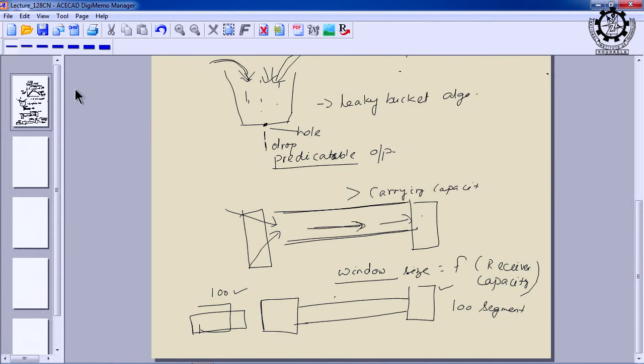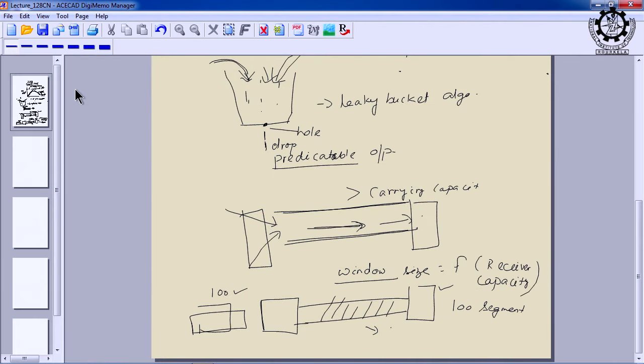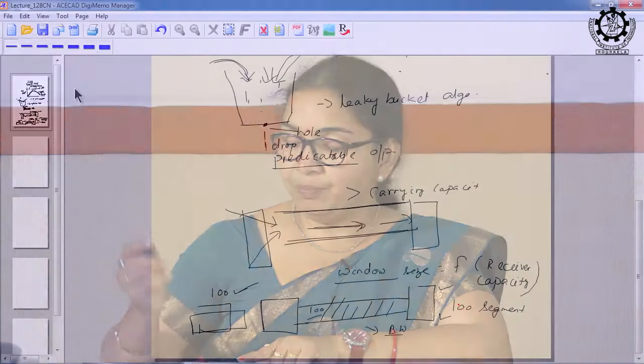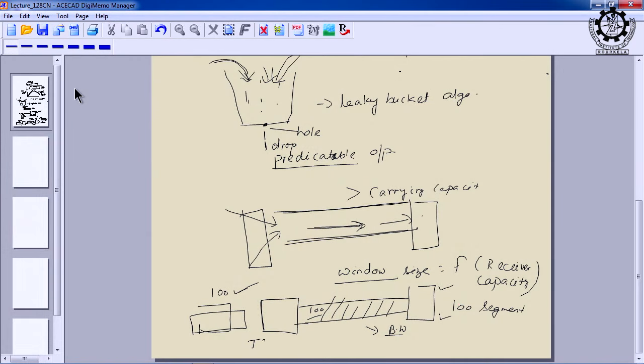We are forgetting one part in the communication, which is the channel or the network. The network too has a bandwidth. If this bandwidth is not sufficient to handle these 100 segments at a time, and if the sender sends all the 100 segments, completing the window size, what will happen? These 100 will never reach the receiver, and there will again be packet loss. So in the actual situation, when TCP decides the window size, what it says is the TCP sender window.